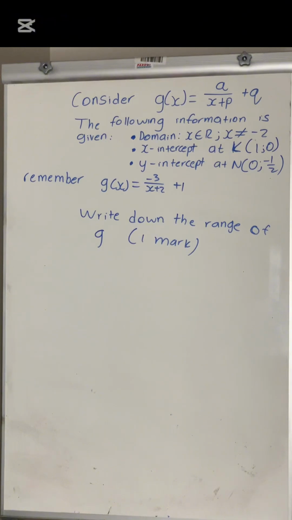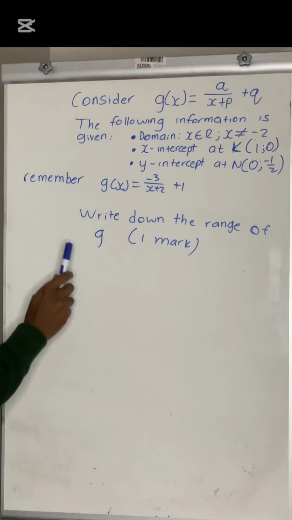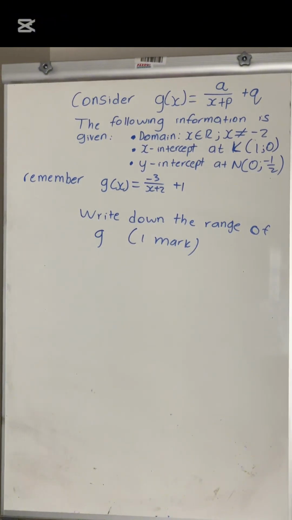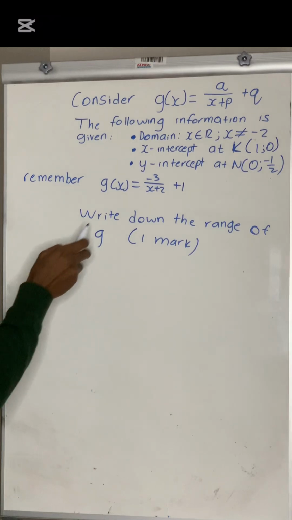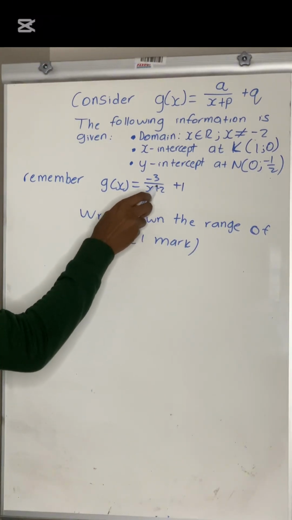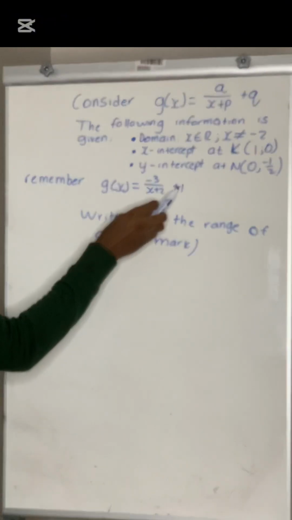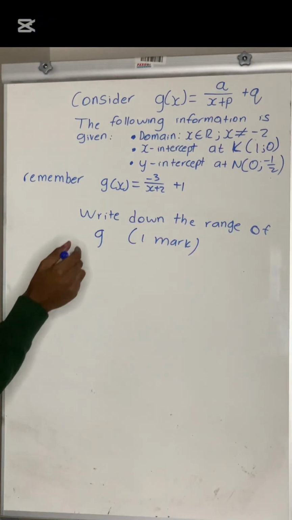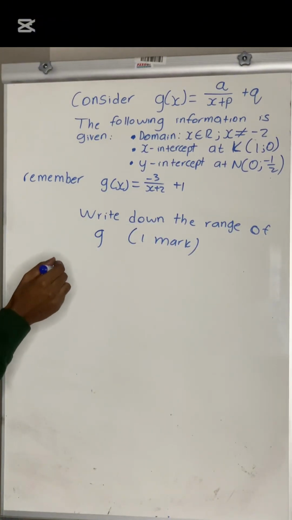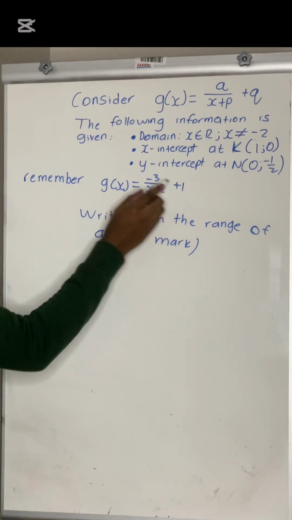So let's now write down the range of g for 1 mark, only 1. Remember, we said this is the x value, or the value of the vertical asymptote. This is the value of the horizontal asymptote. So when dealing with the range, we're going to look at this one, because it deals with the y values.